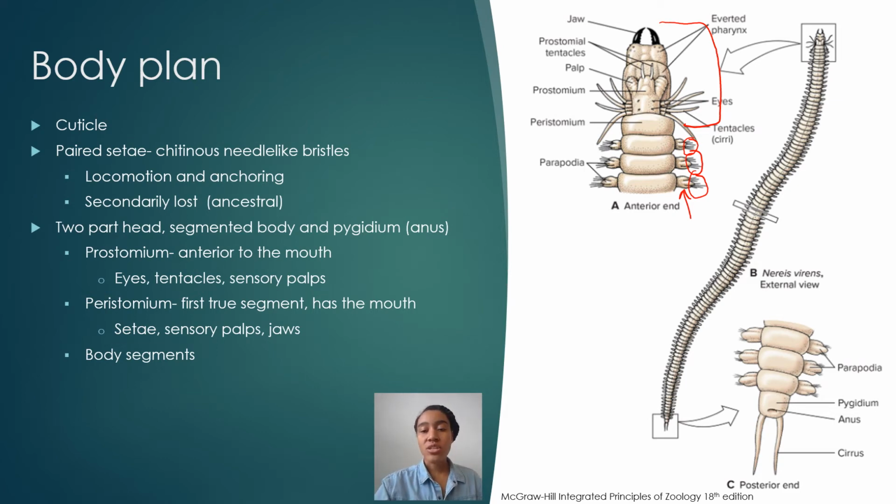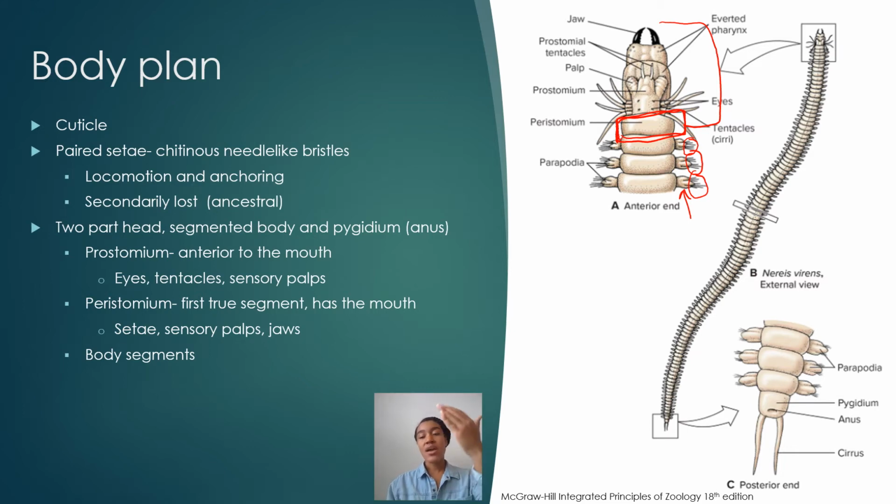The mouth would actually be here in the first segment of the worm, which we call the peristomium, and this is the first true segment of the worm, and that's where the mouth is. The prostomium usually has tentacles, eyes, and sensory organs, anything it needs to hunt, but the mouth is actually at the peristomium, a little bit posterior to where the mouth parts appear to be.